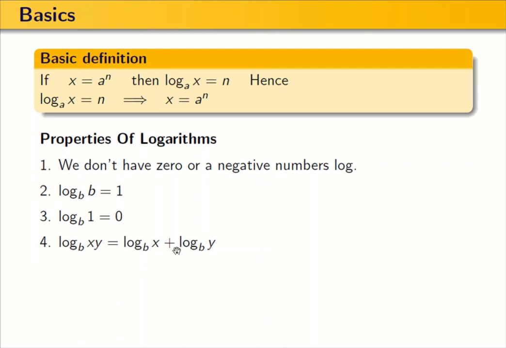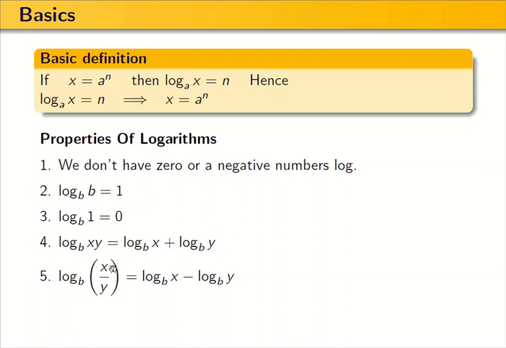This will work the other way too. If I have logarithm of x base b plus logarithm of y base b, I can write it also as this. But there is no way you can write logarithm of the bracket x plus y as something like that. I will show you what I'm trying to say. All right, let's continue.